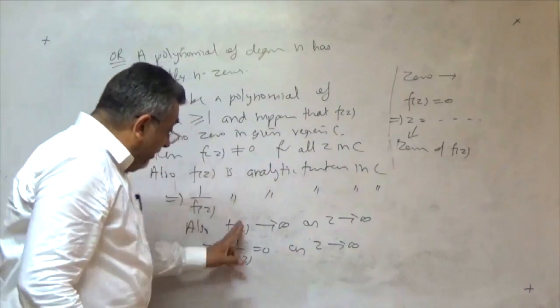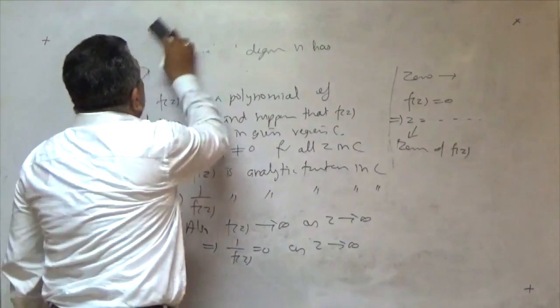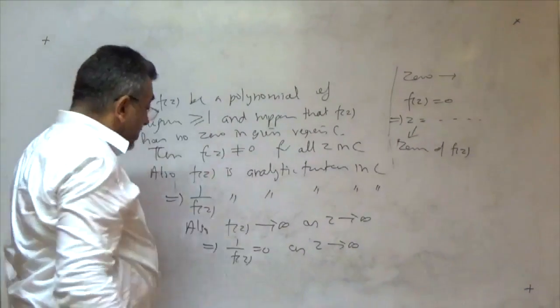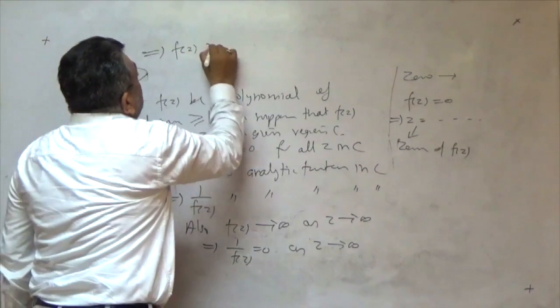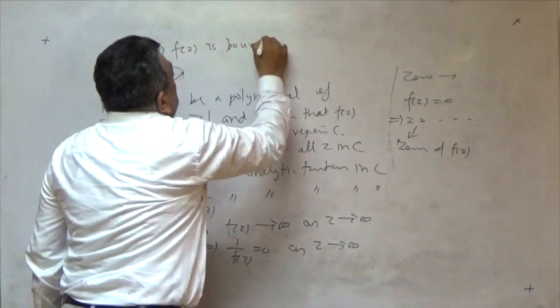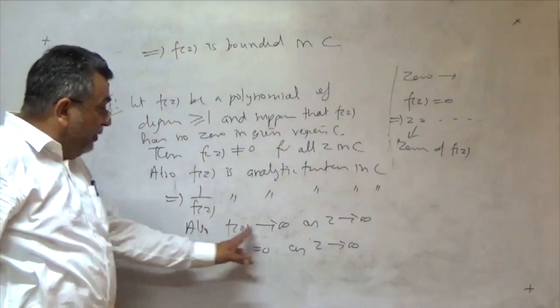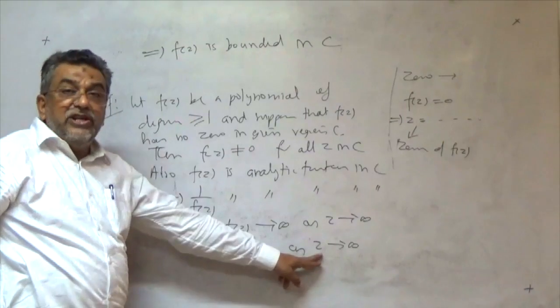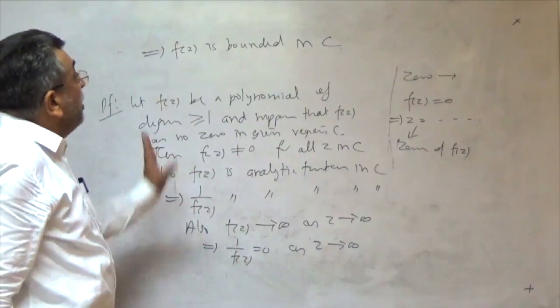If 1/f(z) is 0 when z tends to infinity, that is, z is a large value, then from here we see that 1/f(z) is bounded in C, because its value is finite at infinity. 0 is a finite, defined value that exists, and so 1/f(z) is bounded.